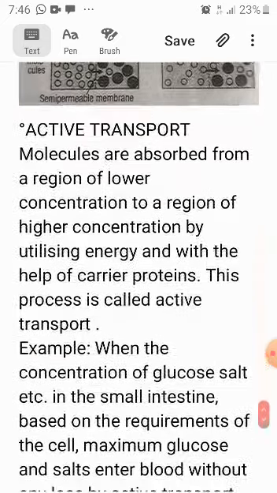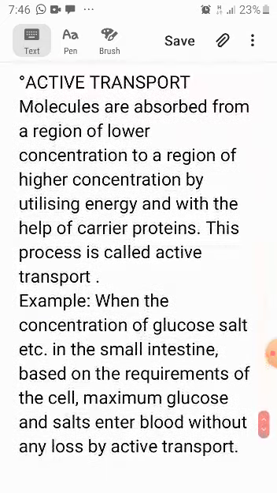The next method is active transport. Molecules are absorbed from a region of lower concentration to a region of higher concentration by utilizing energy and with the help of carrier proteins. This process is called active transport.